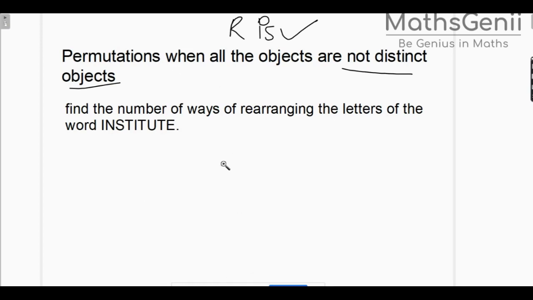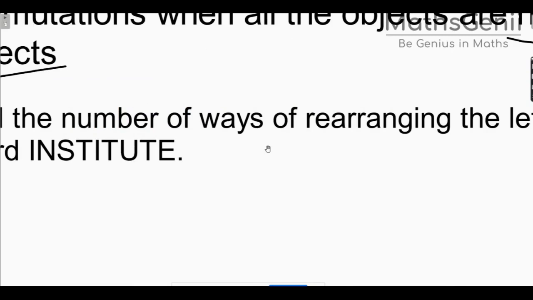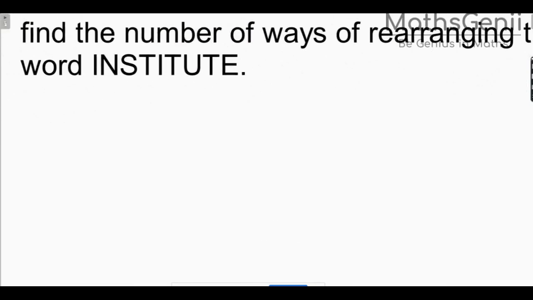Now carefully look at the word INSTITUTE. What are your observations? Think for a minute. INSTITUTE has how many letters? It is a 9-lettered word. So 9 letters in total.